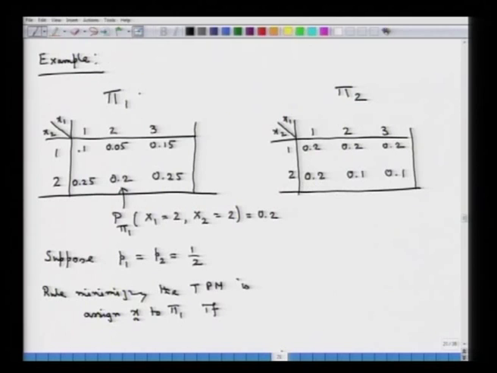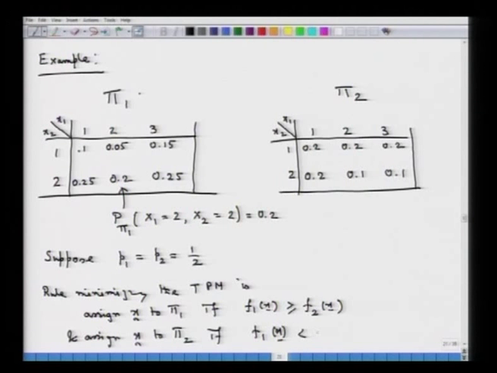In the given example, p1 and p2 are the same, and hence the total probability of misclassification minimizing rule in the present setup would be to assign x to pi 1 if f1x is greater than or equal to f2x, and assign x to pi 2 otherwise, if we have f1x less than f2x.